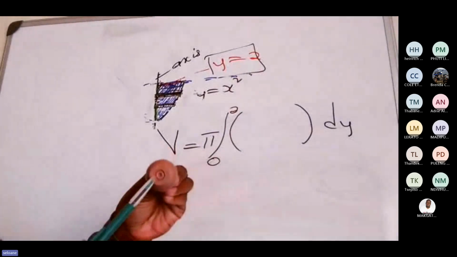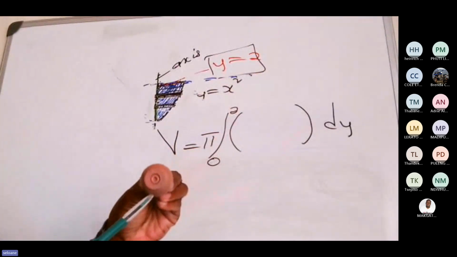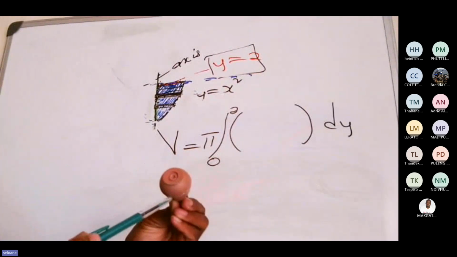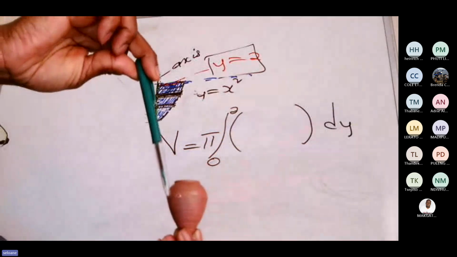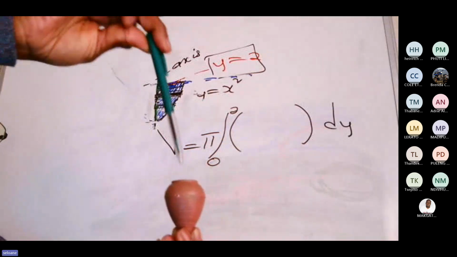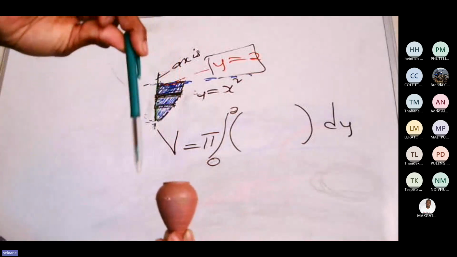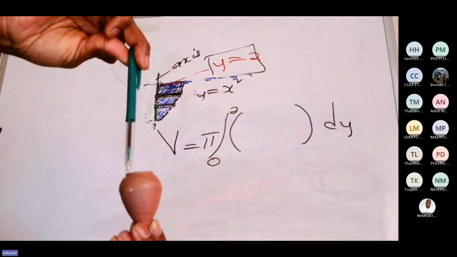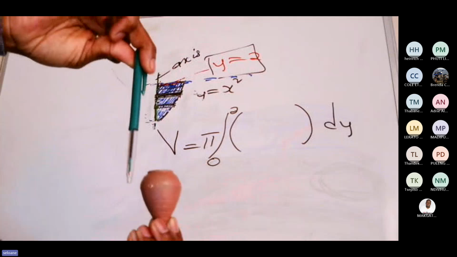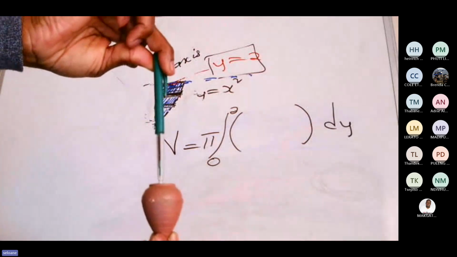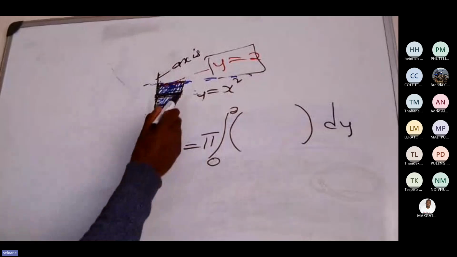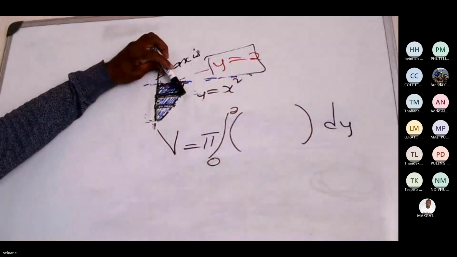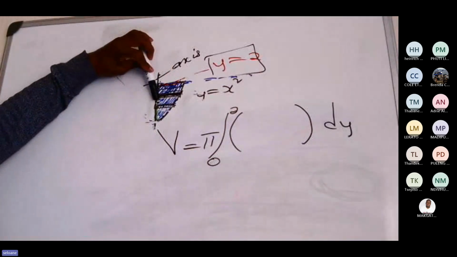The distance from here at the center up to the outer edge. It's a horizontal distance, meaning it will be x here minus x here.